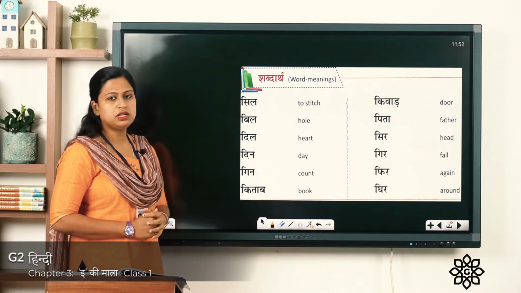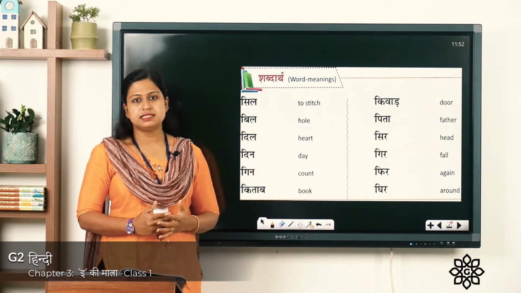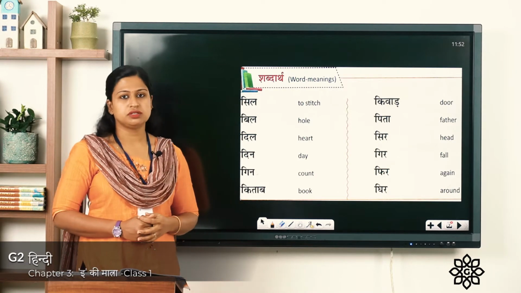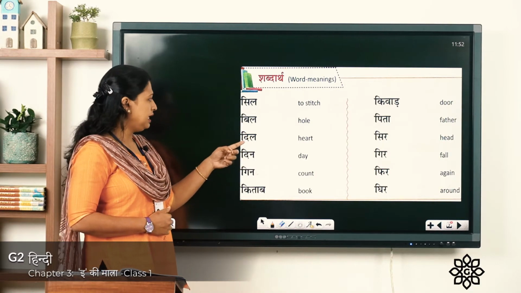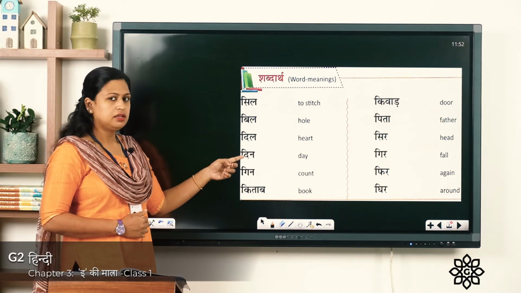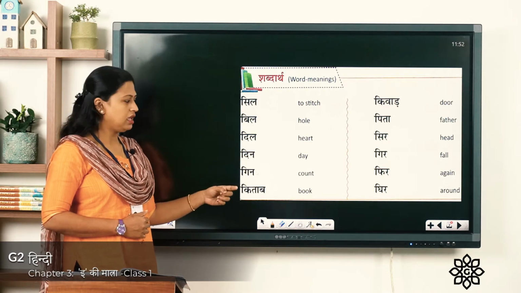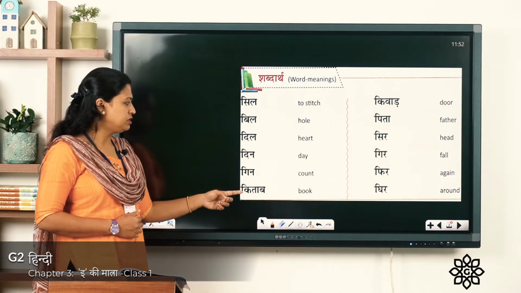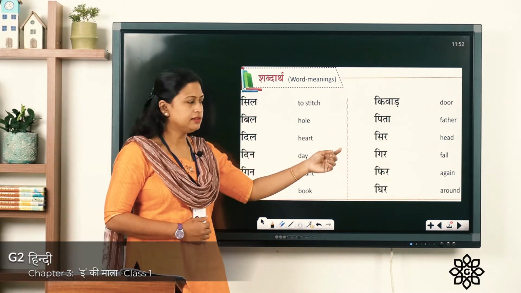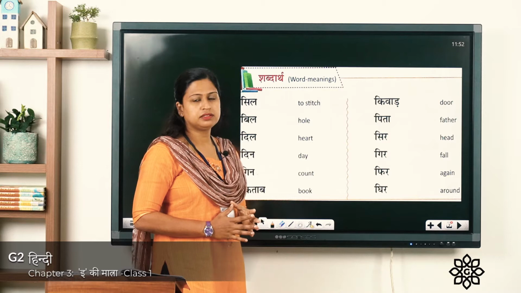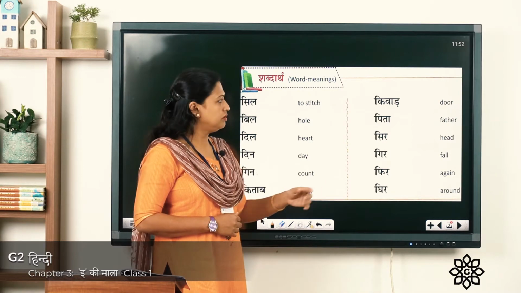So the first word is sil. Sil means to stitch. Bill, hole. Dil, heart. Din, day. Gin, count. Kitab, book. The other side, kiwad. Kiwad means door.